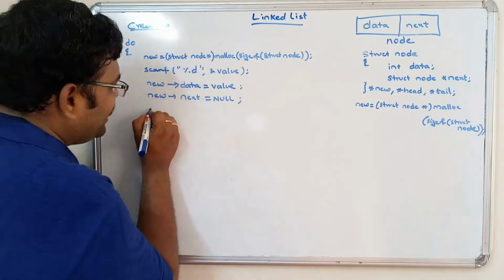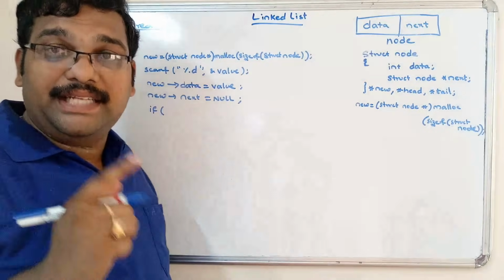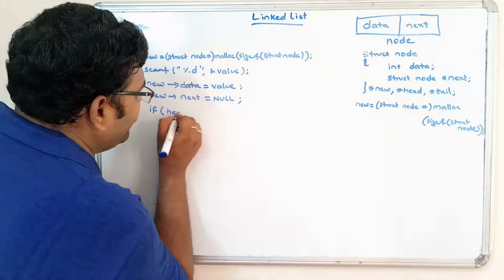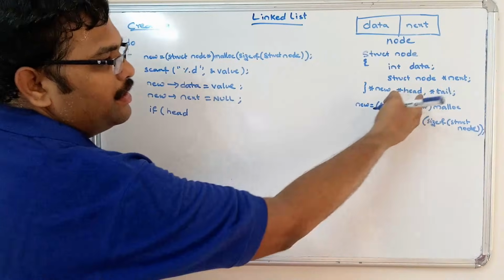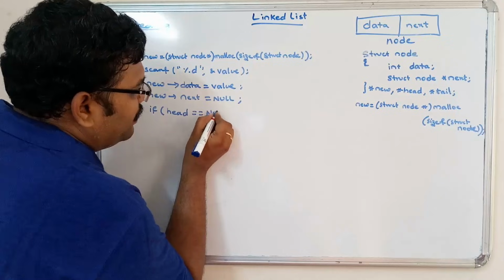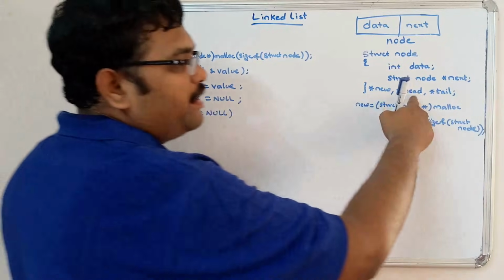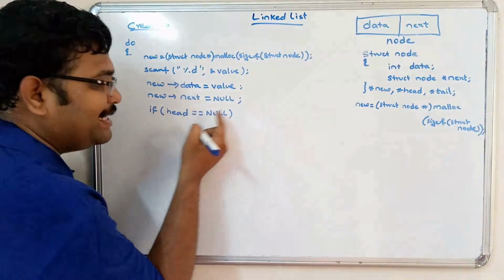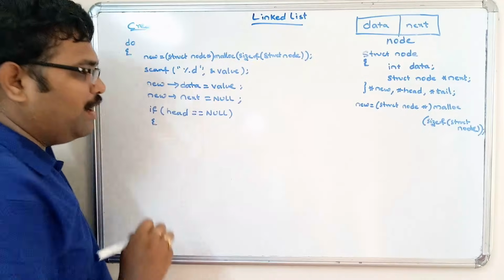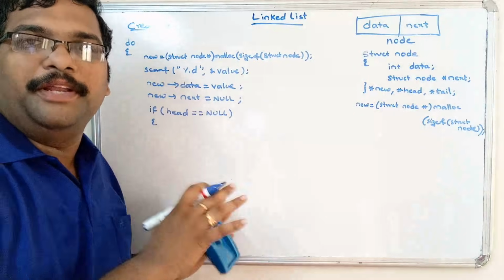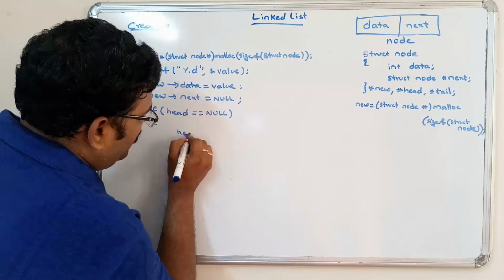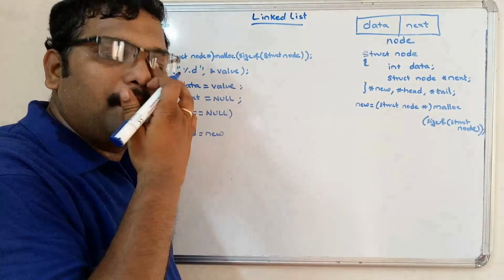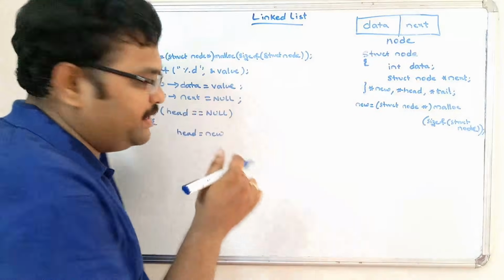Now we'll check the condition for head, if it is having the single element or multiple elements. So if head is equal to null, so we have created the variables but we have not assigned. So if head is equal to null, what we have to do? Both head and tail should be new. Head is equal to new because both will point to the first element itself.